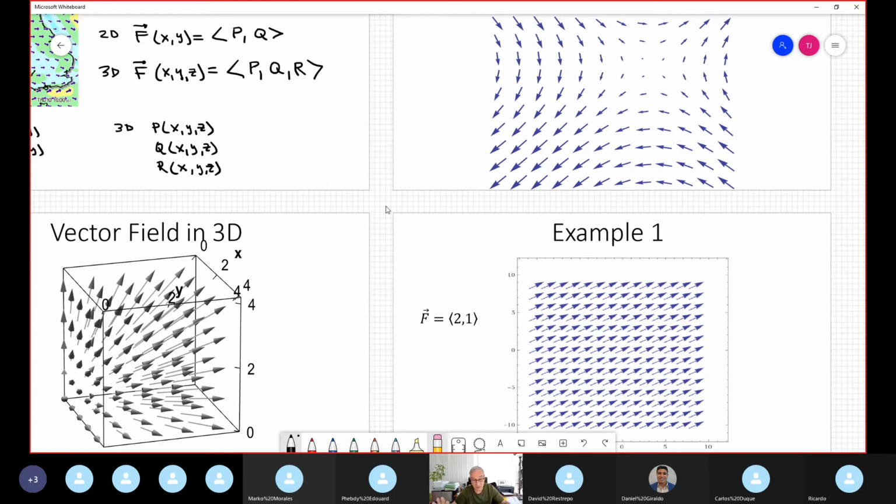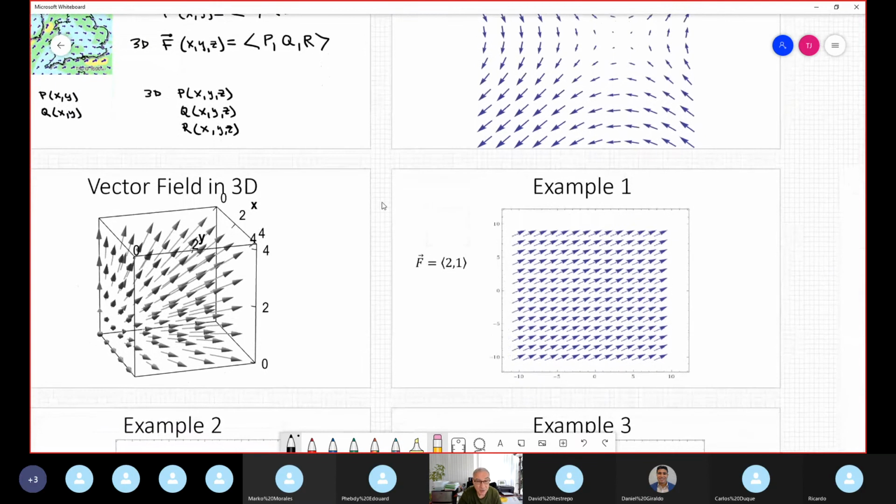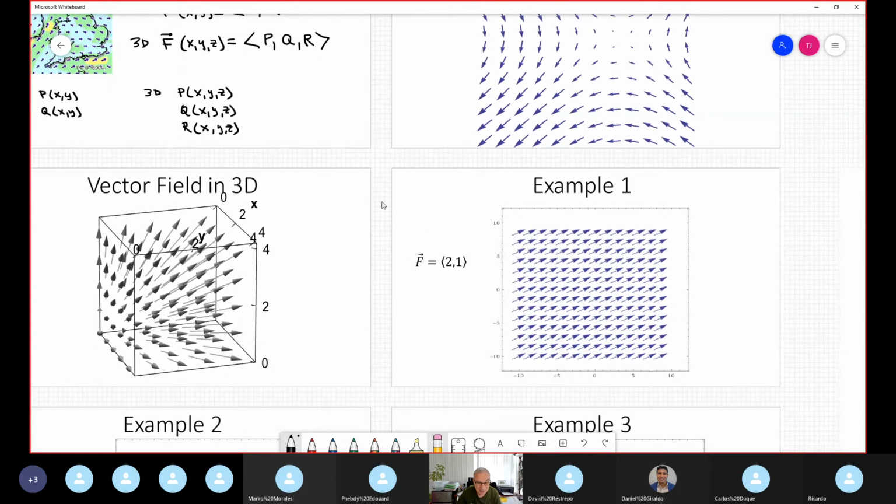So you need to know that. So this mathematical tool you need to know to understand the professor when he explains fluid mechanics or electromagnetic waves.